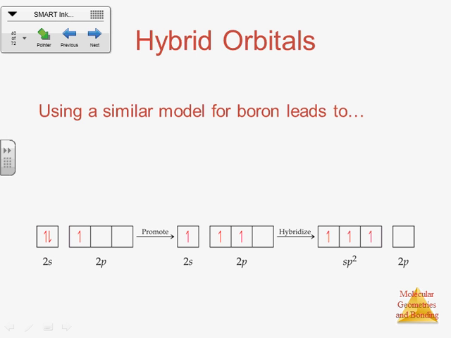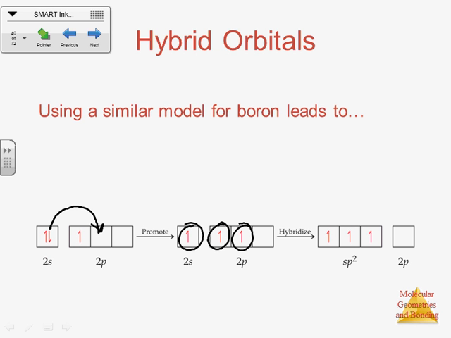So we've got a full 2s and then 1 electron in the 2p orbitals. The promotion happens here. This electron in the 2s ends up in the 2p. And now we have 3 separate places where this boron can bond with something, form a covalent bond, share electrons.